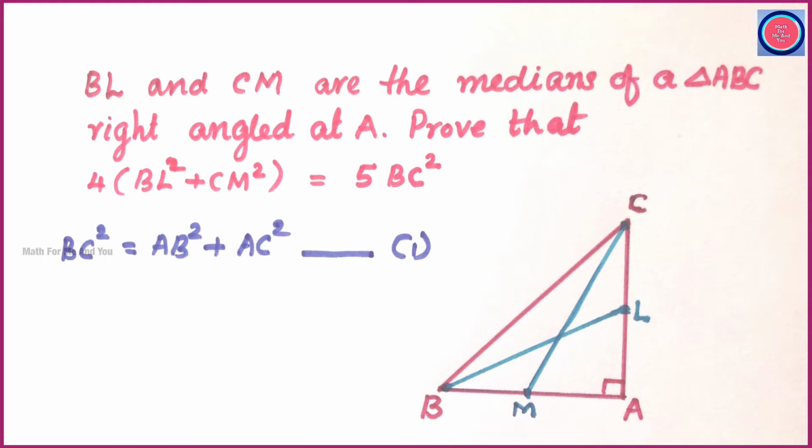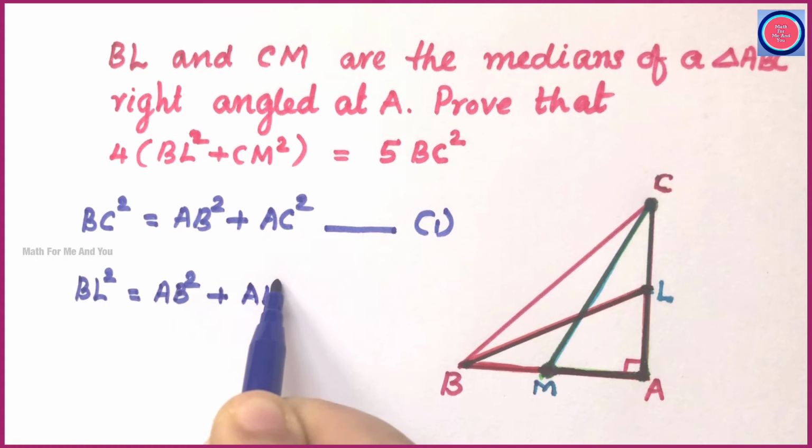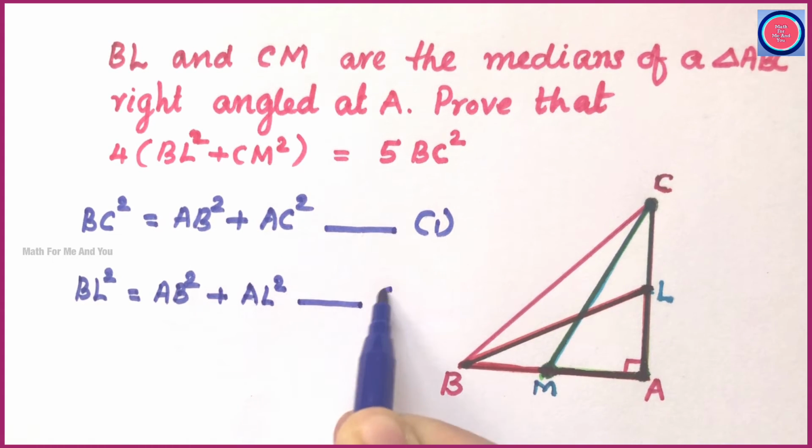Using Pythagoras theorem, we can write hypotenuse square is equal to the base square plus altitude square. For the right triangle BAL, BL is the hypotenuse. So we could write BL square is equal to AB square plus AL square. And let it be equation number 2.